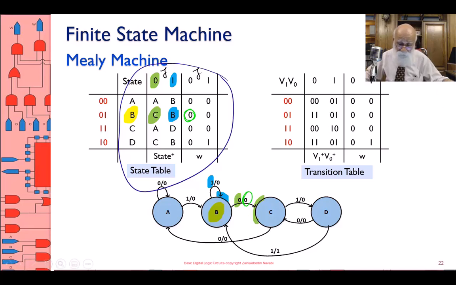While I am in this state, a 1 on J gives me a 0 output. So that's how everything is set up.